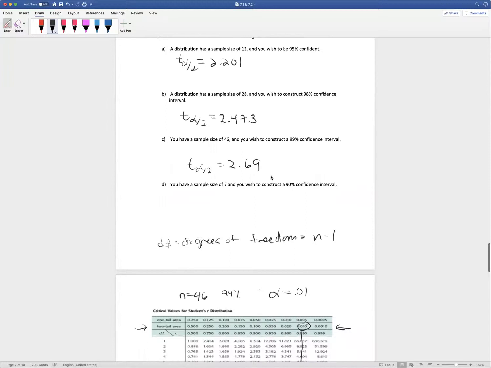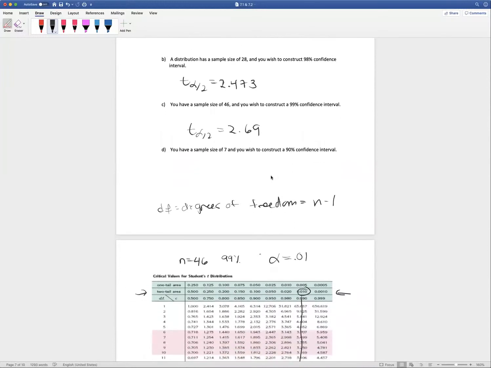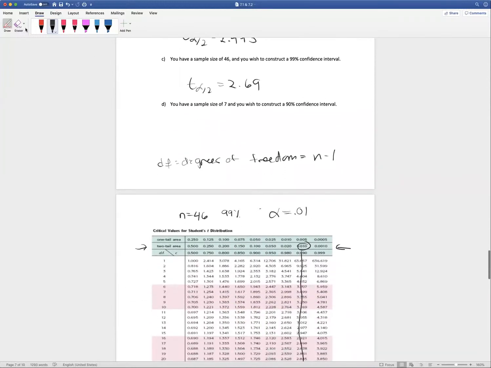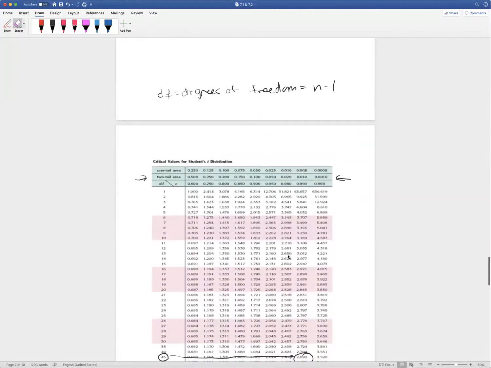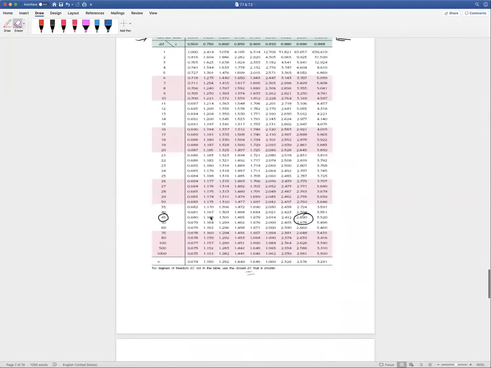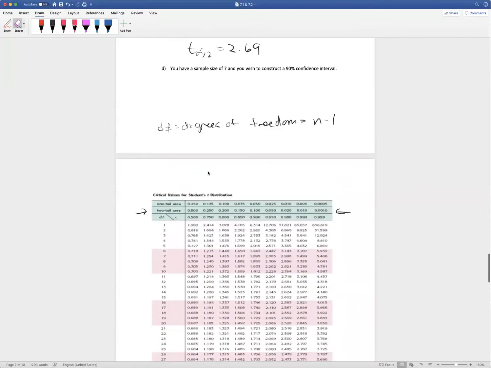Okay, one more example. You have a sample size of 7 and you wish to construct a 90% confidence interval. Let's talk about how we would do that. Sample size 7, 90% confidence interval. A sample size of 7 means we have 6 degrees of freedom.